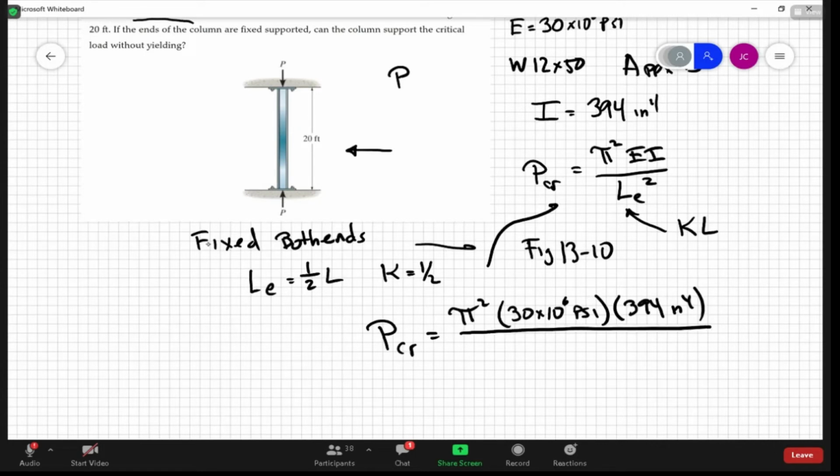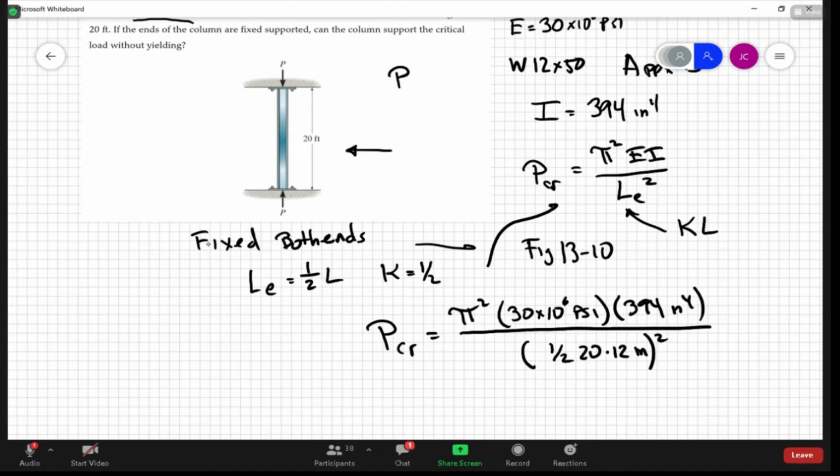And now we're going to have to use the effective length squared, so we're going to use K equals 1/2. And then the length is 20 feet, but we need to change this to inches. So it's going to be 20 times 12 inches, and we're going to square all that.